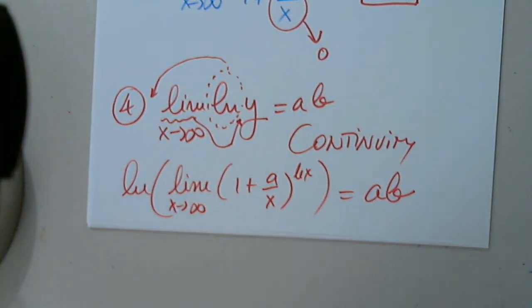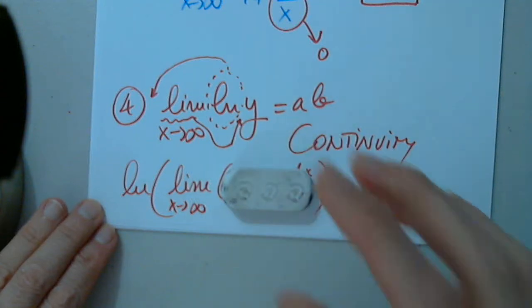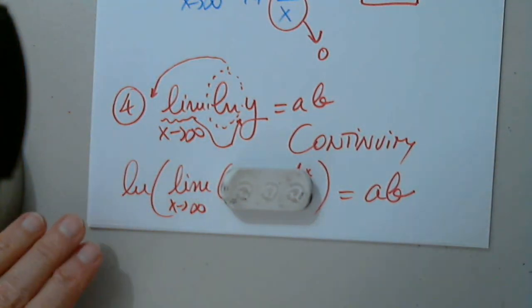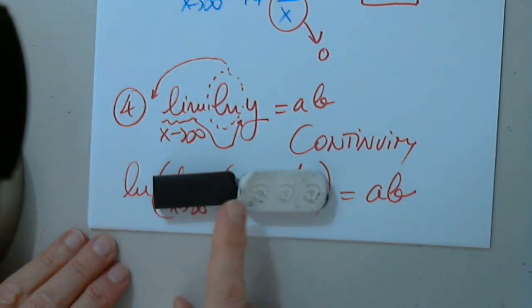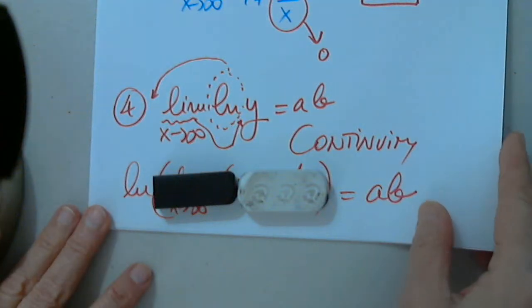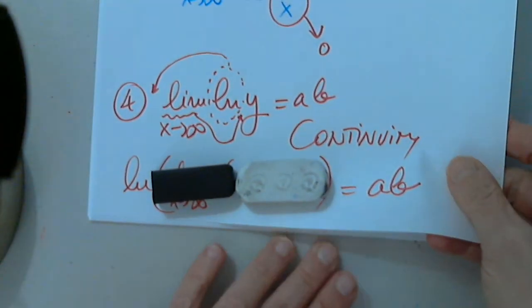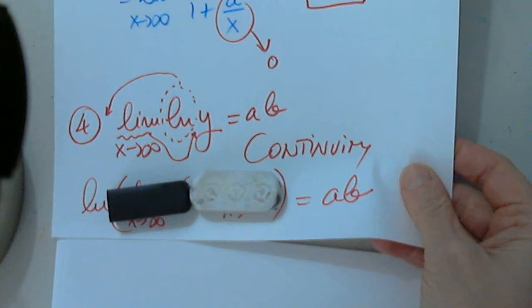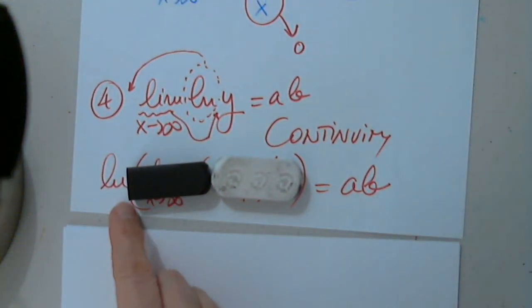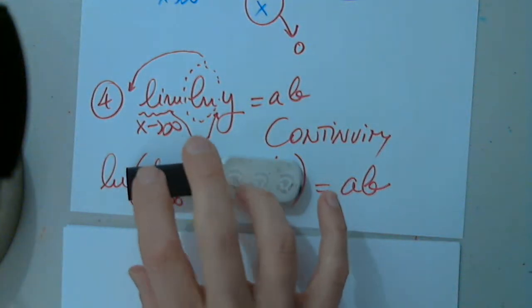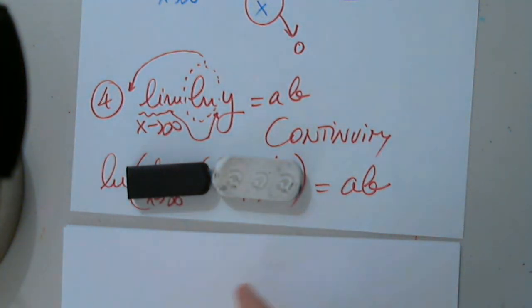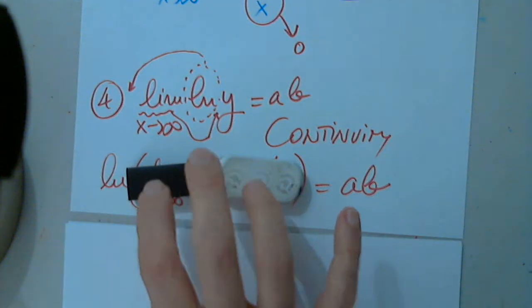So now, as the final step, I have natural log of blah blah blah equals ab. How do I solve this? In the following way. I write e raised to this power equals this.